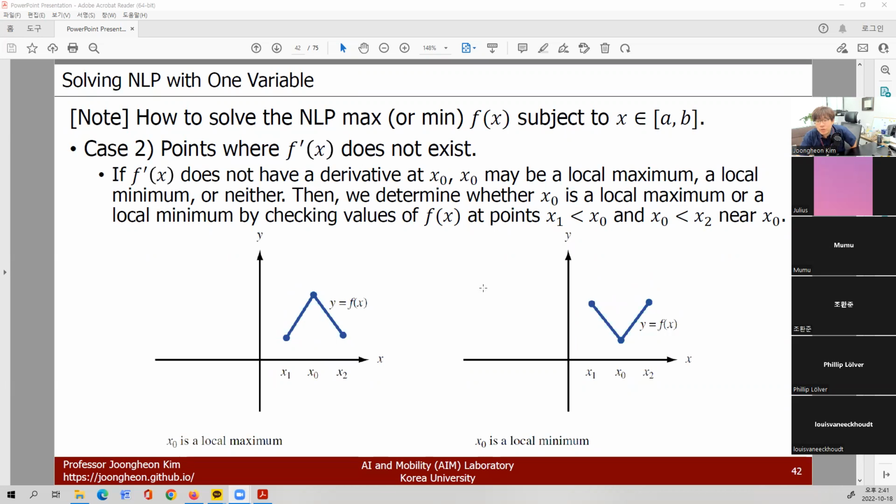Or if the function cannot be differentiated, then the function is not continuous. Then this can be a discontinuous function. In that case, we cannot estimate at all. You cannot do anything with this one. You cannot estimate any kind of behavior for this function. Then you have to use heuristics.